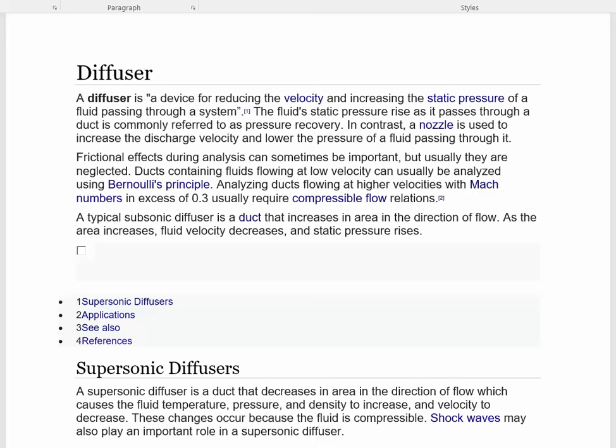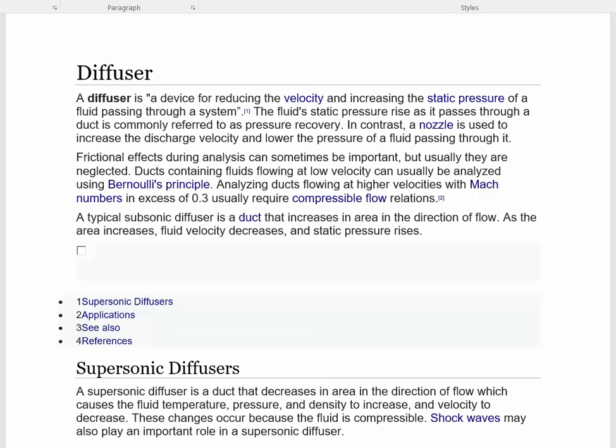Next we have the diffuser. A diffuser is a device for reducing the velocity and increasing the static pressure of a fluid passing through a system. The fluid static pressure rises as it passes through a duct, which is commonly referred to as pressure recovery.